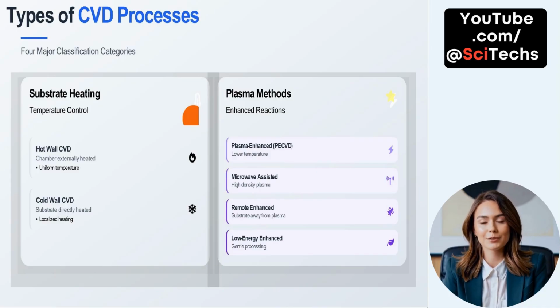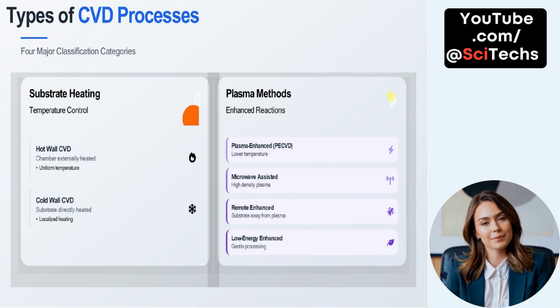This method is beneficial for consistent film deposition, but may result in more contamination buildup. Cold wall CVD, by contrast, directly heats only the substrate while the chamber walls remain cooler. This allows for localized heating, reducing unwanted reactions on chamber surfaces and improving throughput. Plasma methods enhance chemical reactions using energetic plasma.